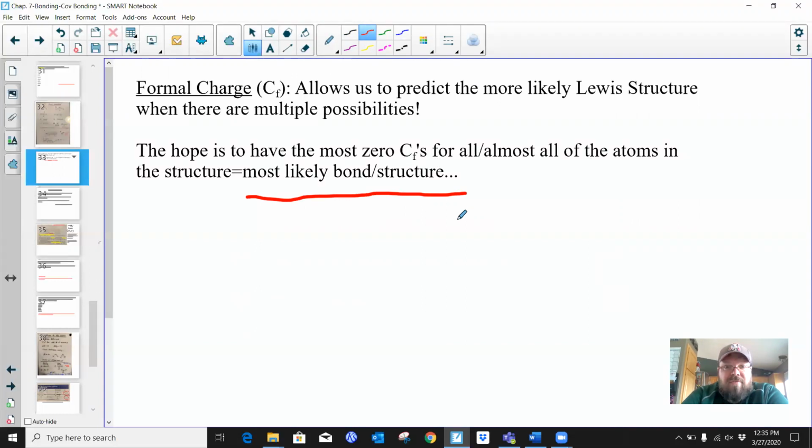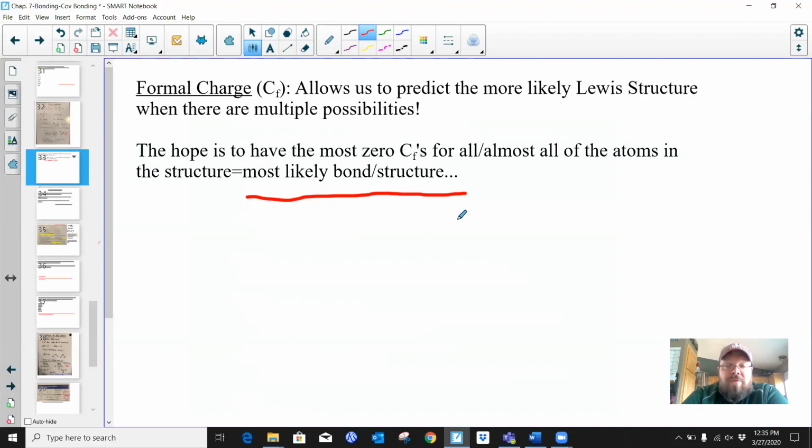One thing I want to say is that for formal charge calculation, we're going to get into how to calculate in just a second, you look at the formal charge for individual atoms within the molecule that you propose, and it is not a total. What we're looking for is the option where most or all of the atoms have a 0 value for the formal charge.